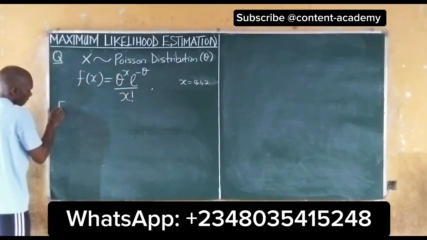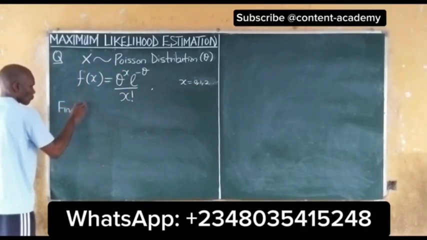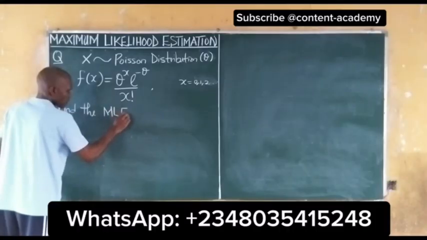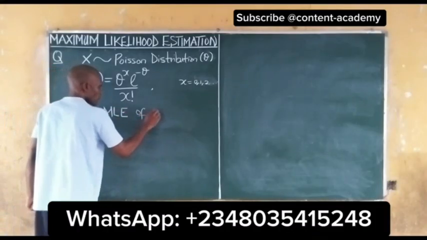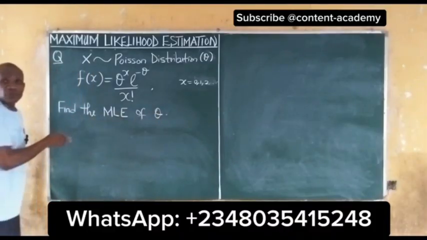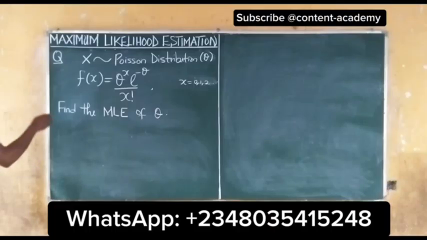Find the maximum likelihood estimator of theta. So we have to find the maximum likelihood estimator of theta given the Poisson distribution.